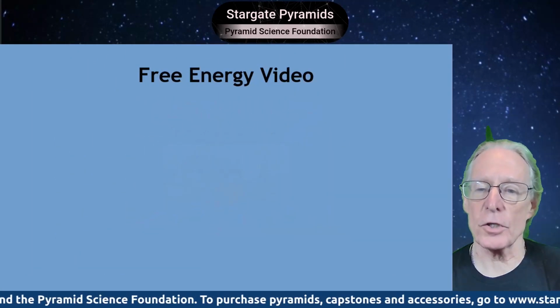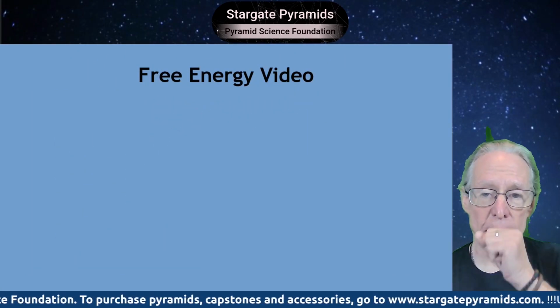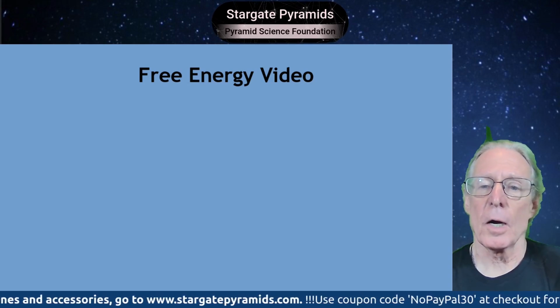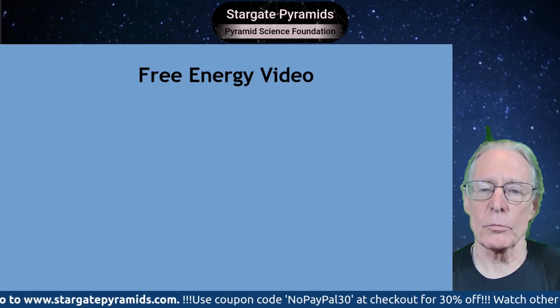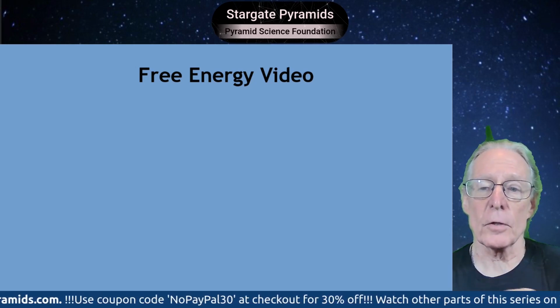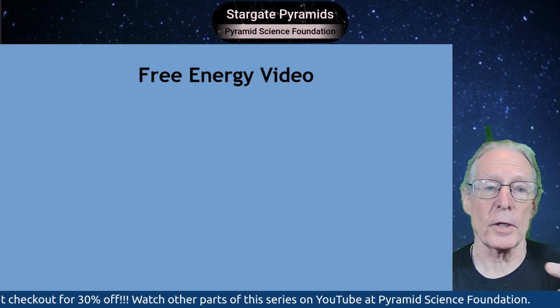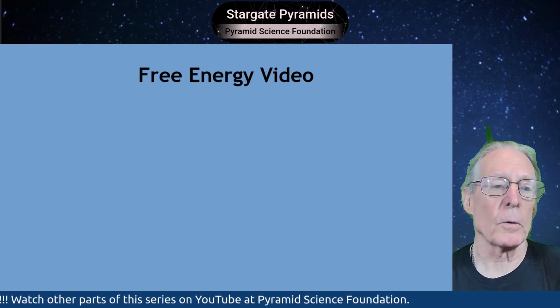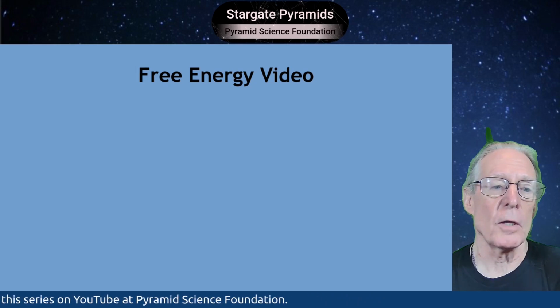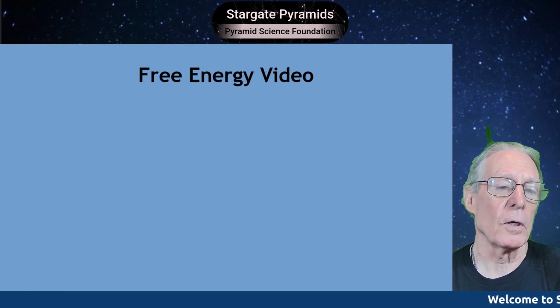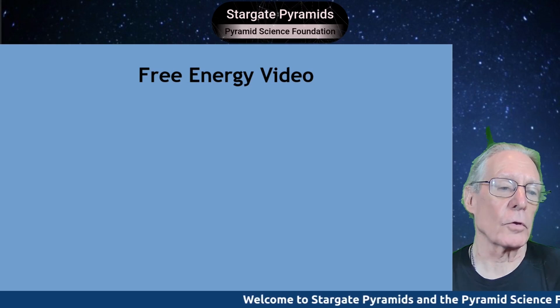We've seen the free energy technology assertions in the Hindu temples, but here's an example that I'm going to show you on a YouTube video, that this very temple that I just showed you a picture of is a producer of free energy. So we're going to move over to that slide now, and we're going to see this YouTube video. On this YouTube video, we're going to see this producing free energy.